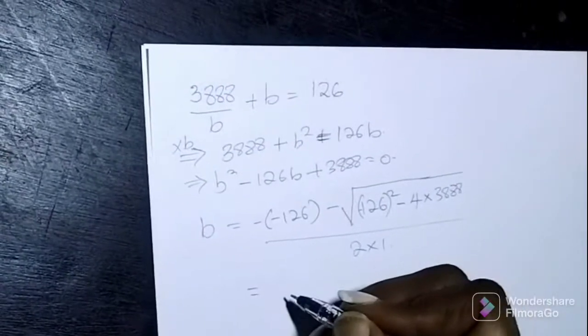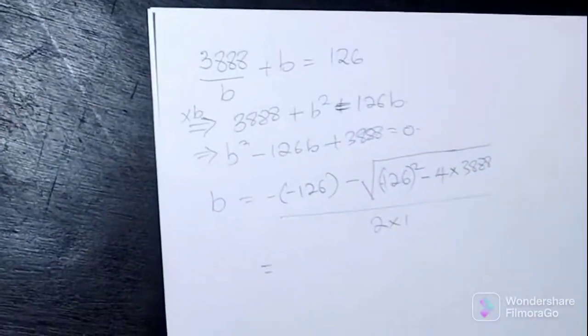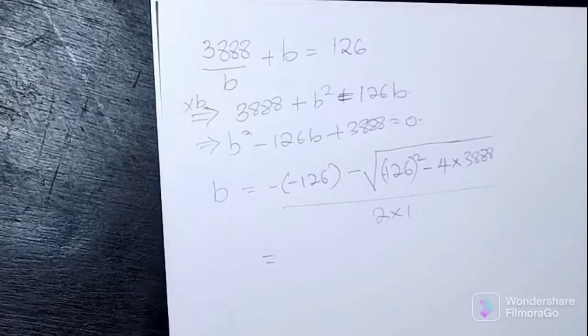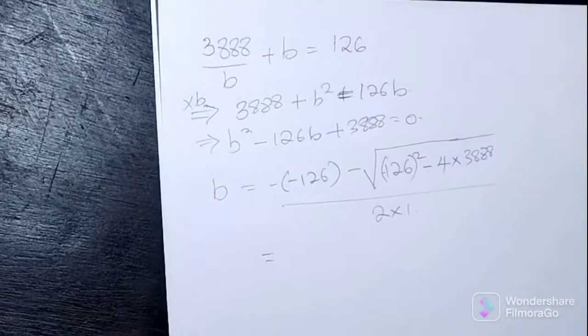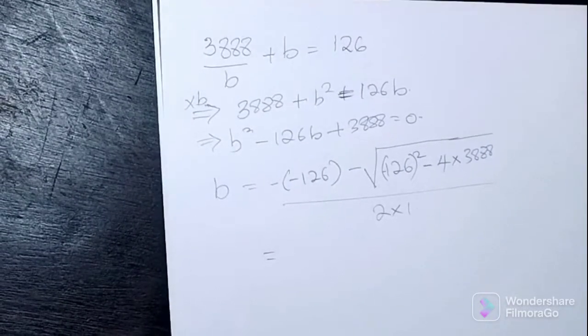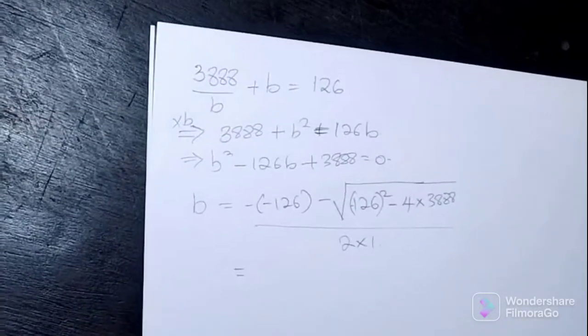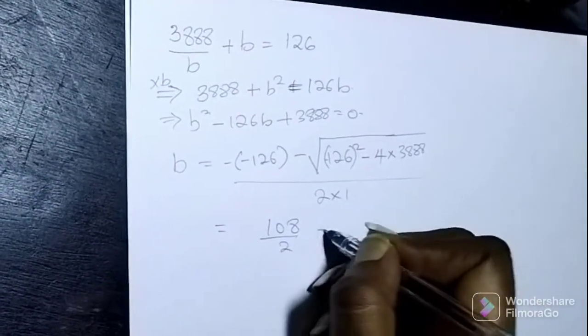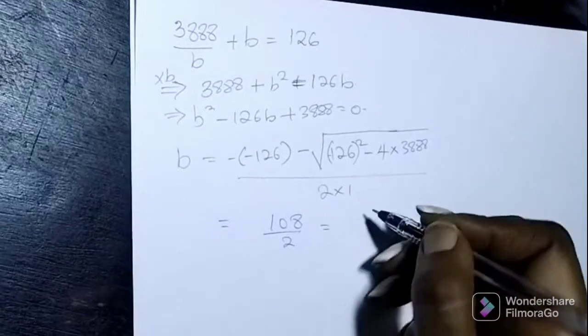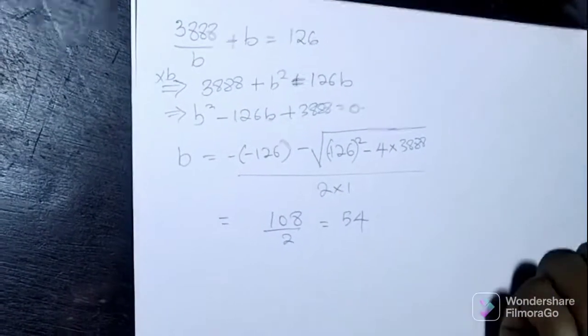Okay, so if we do our calculations, we'll end up having a value. We end up having 108 all over 2. 108 all over 2 is 54.